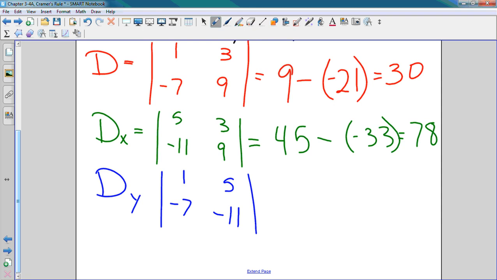However you can remember it, I told somebody to remember A, B, C, A, C. You can come up with a sentence in that order. That equals negative 11 minus negative 35, plus 35, gives me positive 24.